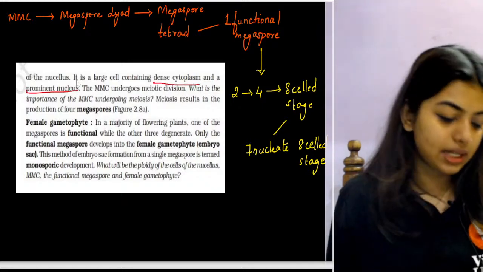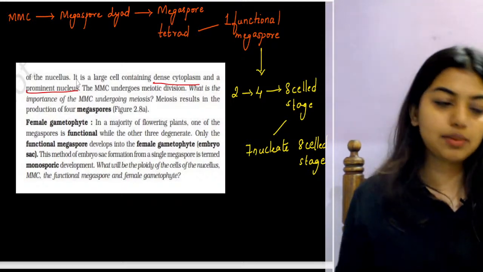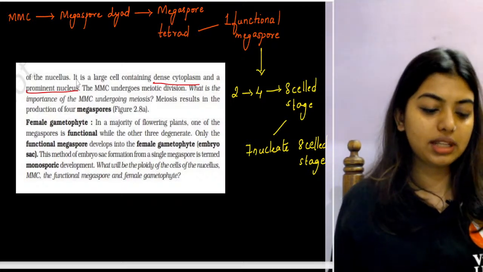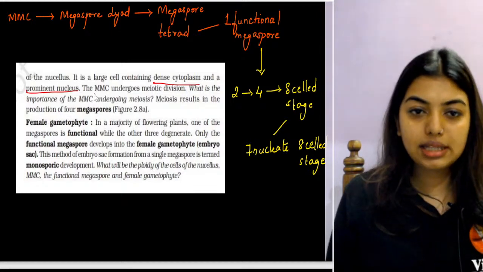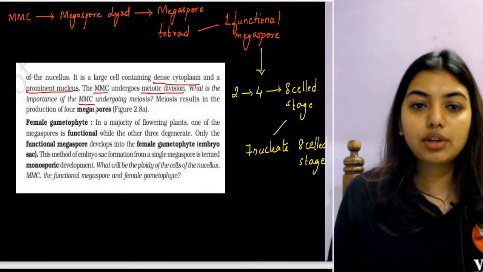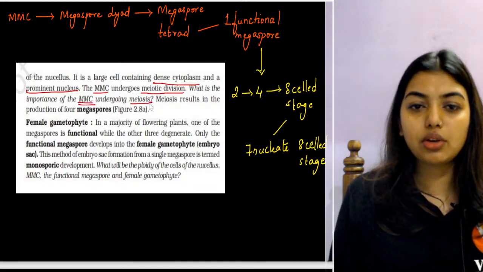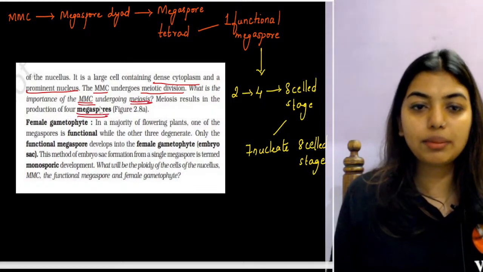The MMC is the megaspore mother cell. I know microspore mother cell and megaspore mother cell are both there, but they won't ask you both, they'll ask you any one of them only. Here, the megaspore mother cell undergoes meiotic division. What is the importance of MMC undergoing meiosis? Meiosis results in production of 4 megaspores.